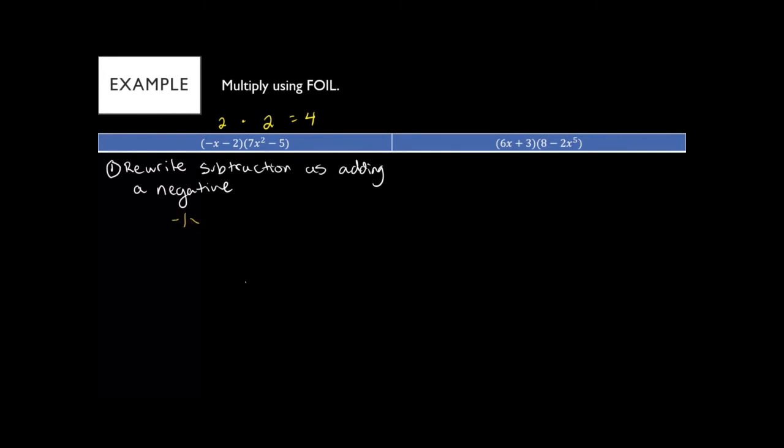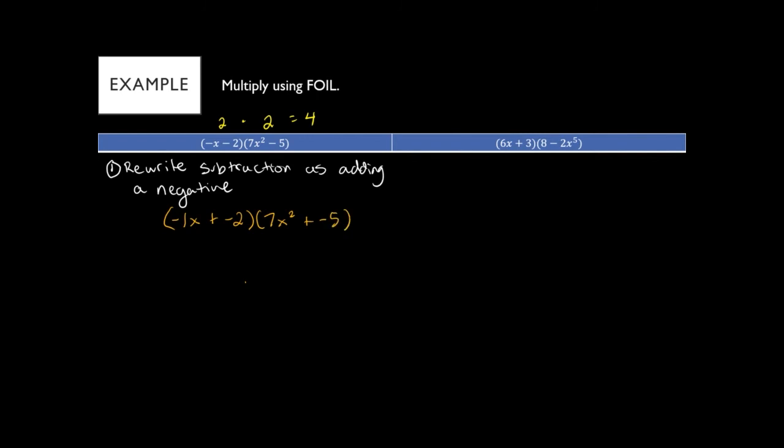And I'm also going to throw 1 in front of that x just so I have a number there. So I'm going to write that as negative 1x plus negative 2 times 7x squared plus negative 5.